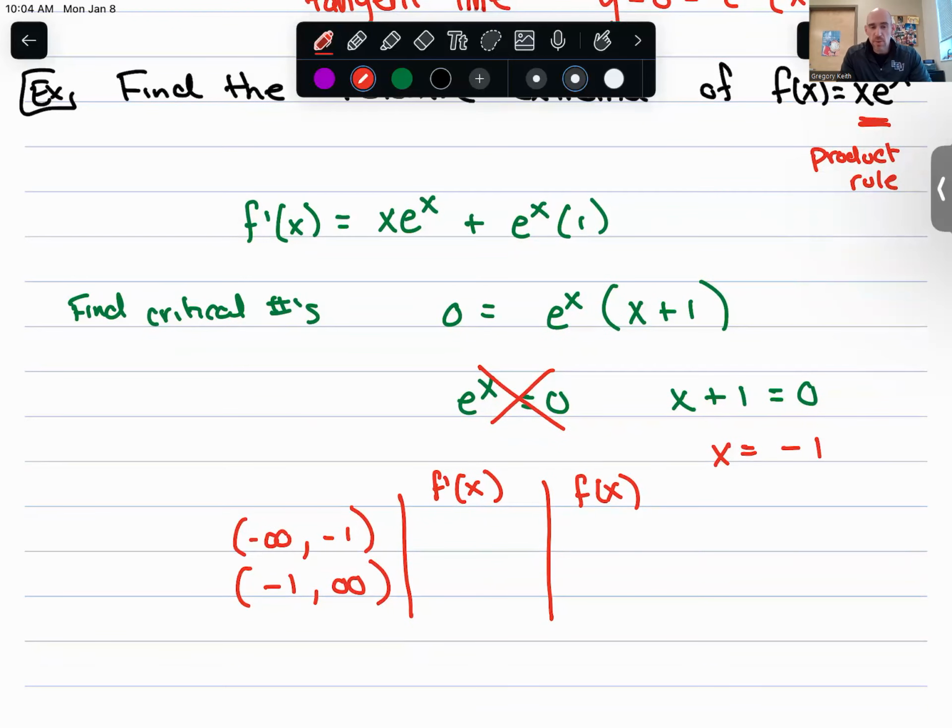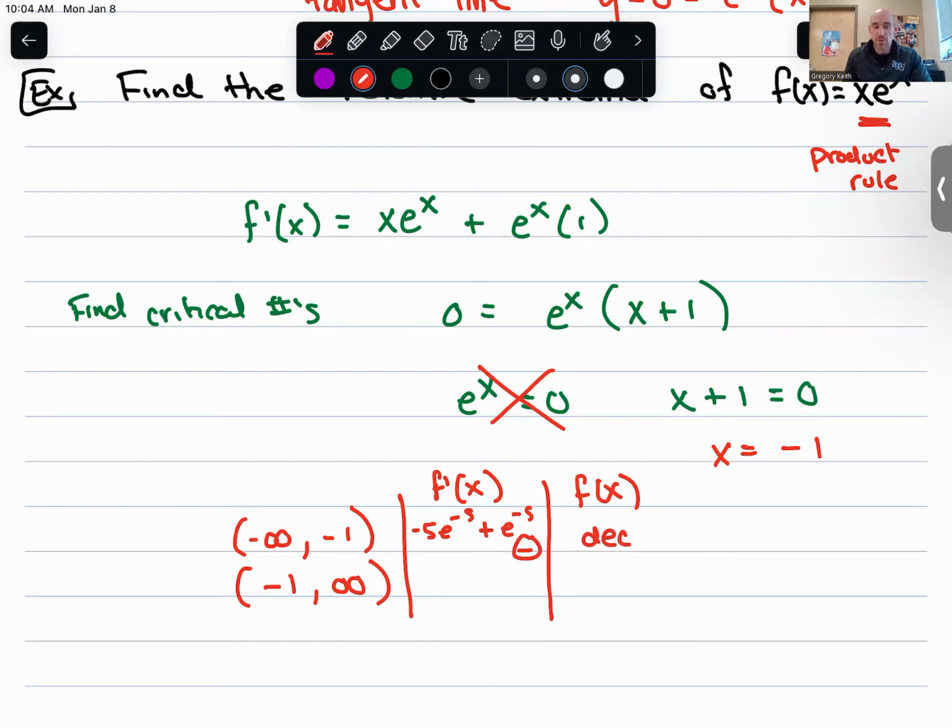And we're going to test the value in those with our derivative. So I'm going to pick a number between negative infinity and -1. So I'll pick -5. So we have -5 e to the -5 plus e to the -5. Well, that's going to give us a negative value. So a negative value here tells us it's decreasing.